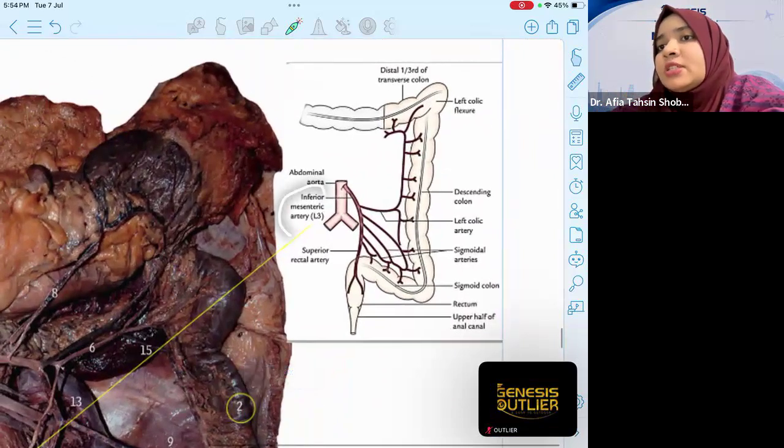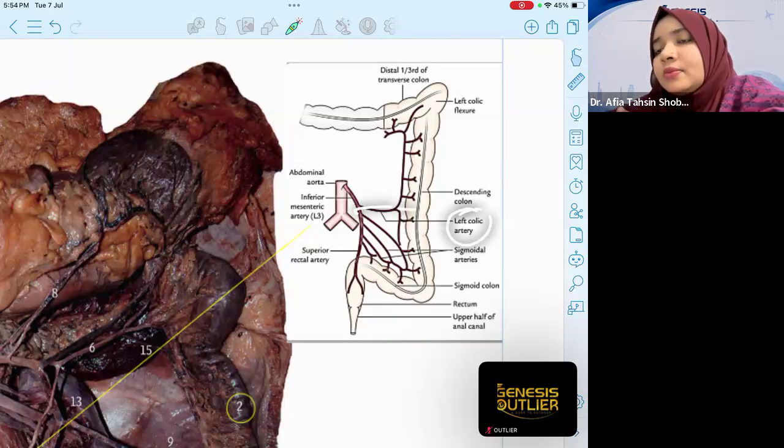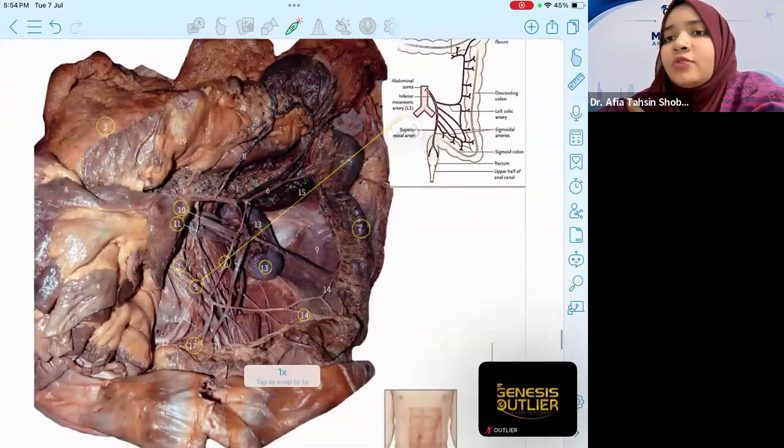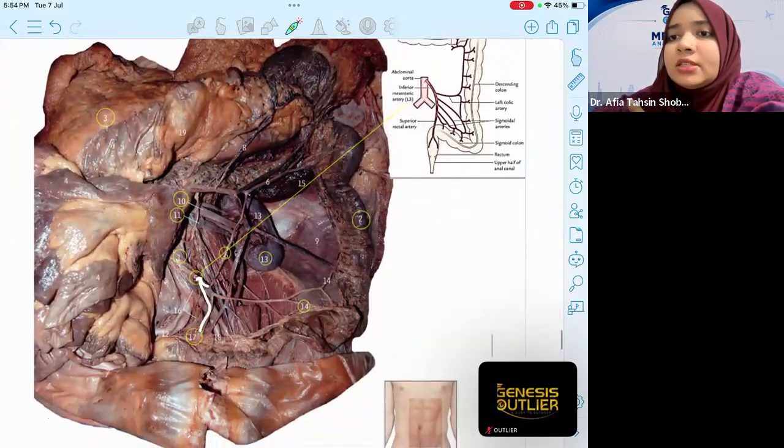This is inferior mesenteric artery, and it has 3 main branches: left colic, this sigmoidal, and here you will get superior rectal artery. You will have to find out these 3 from here. Okay, and this is aorta.